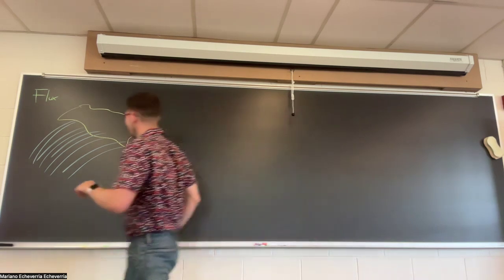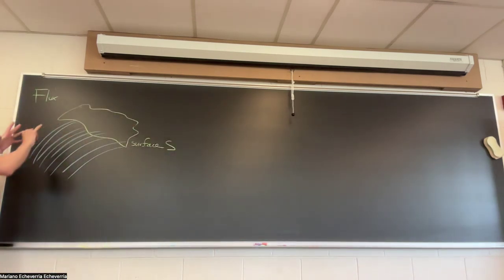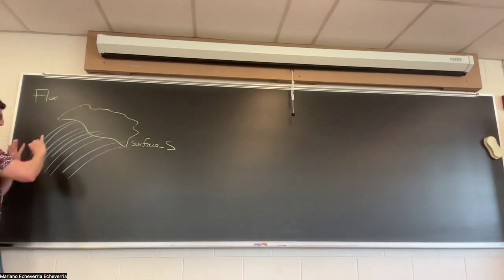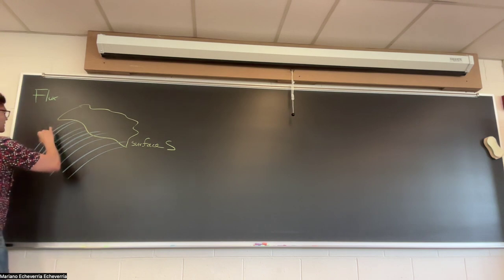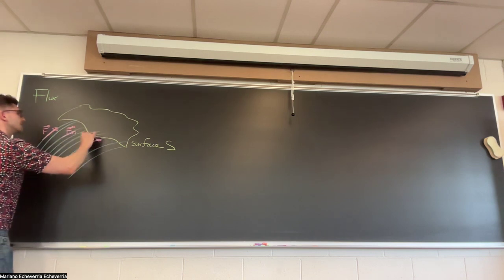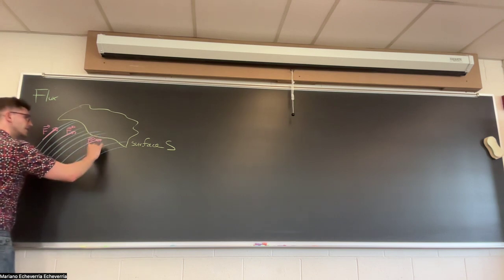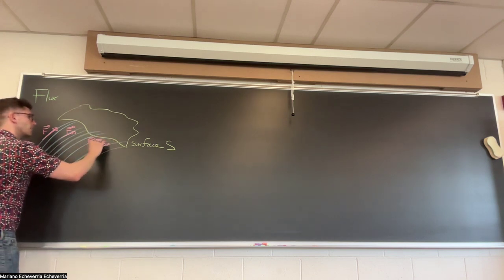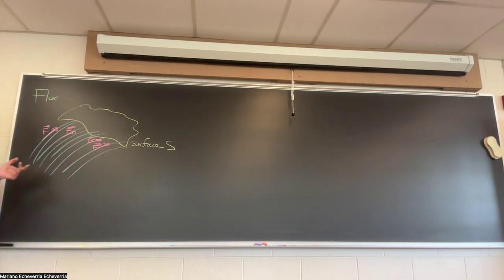So there's a vector that directs the substance. That vector I'm calling F. You would typically think about it as the velocity of the fluid. But in other cases, it could be, for example, a magnetic field, and the curves themselves are called the field lines of the magnetic field.